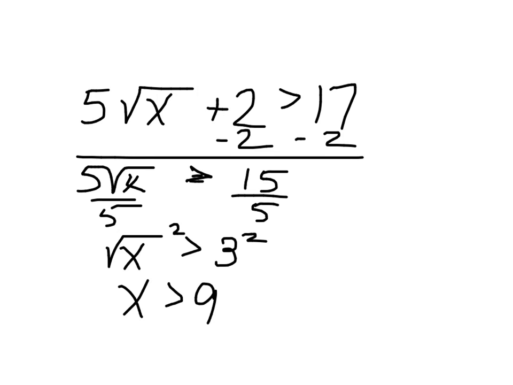Now, that's saying x is greater than 9, and Brianna said that it should be x is greater than 0 for that restriction. Why the 0, by the way? Okay, you cannot square root negatives, but why 0? When you look at just the square root of x, it's just 0.